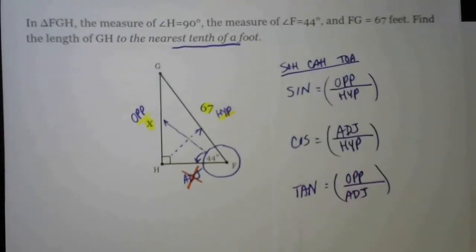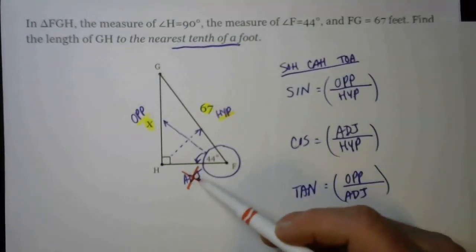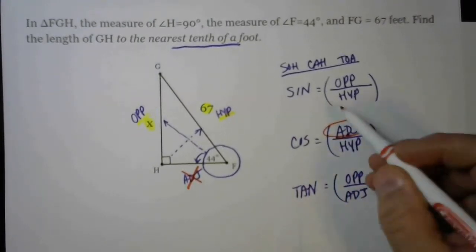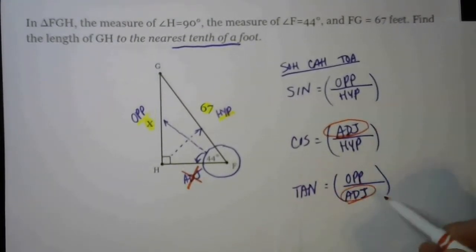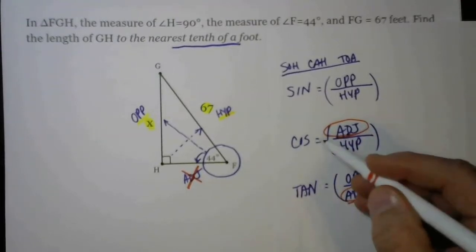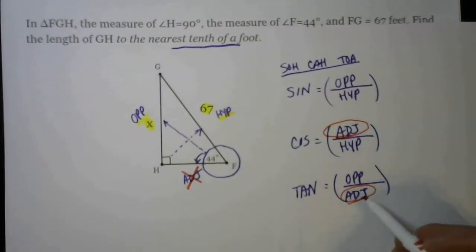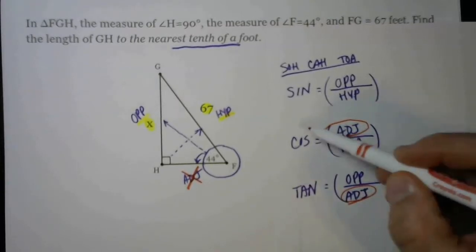You need to have these sitting off to the side somewhere and just look at them every time you do a problem. Okay? Since I have nothing for adjacent, I'm going to look over here. Cosine has adjacent in it, and tangent has adjacent in it. If I used cosine, I wouldn't have anything to put in for adjacent. If I used tangent, I wouldn't have anything to put in for adjacent.